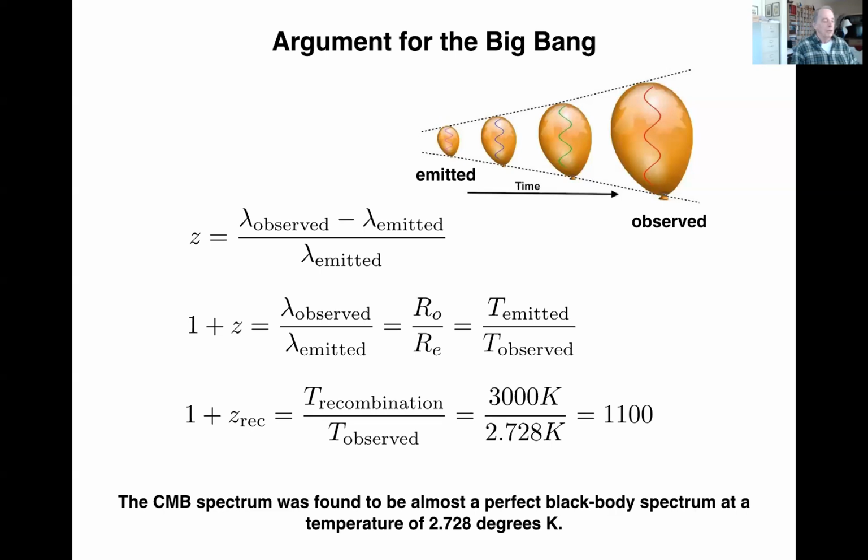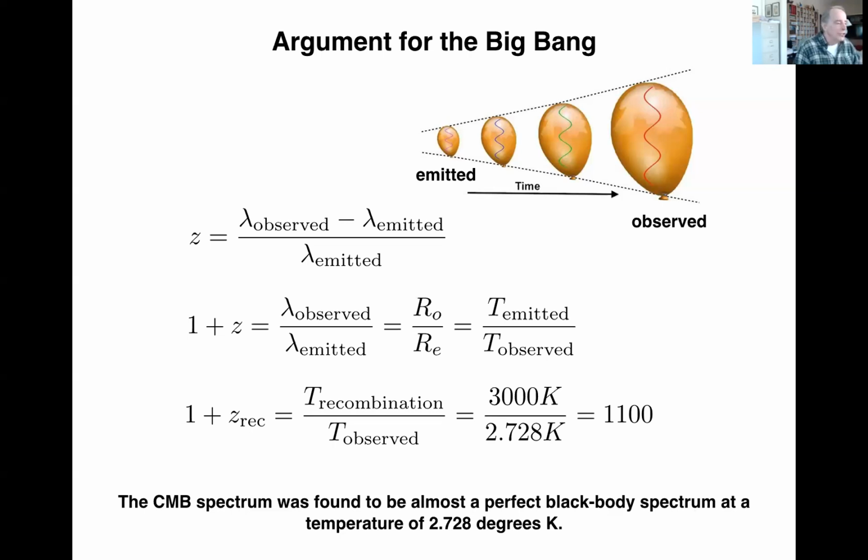Okay, and if we're talking black body radiation, the size of the universe today divided by the size of the universe sometime in the past is equal to the ratio of the temperature of the emitted radiation to the temperature of the observed radiation. Okay, so that's a very simple relationship. It tells you that the temperature of the radiation just scales inversely with the size of the universe.